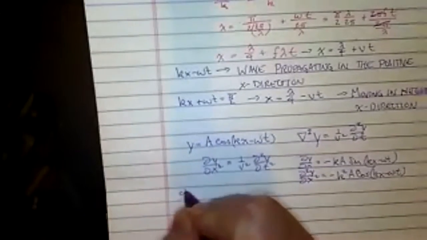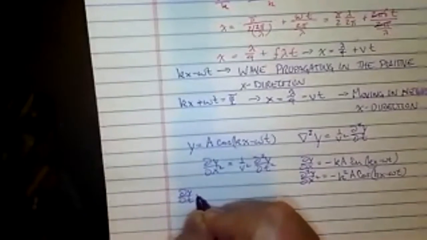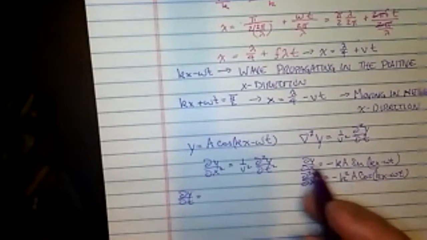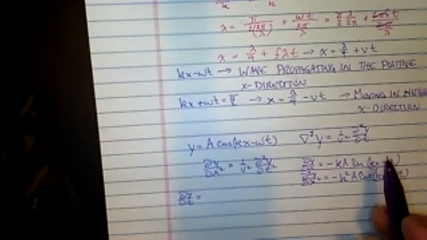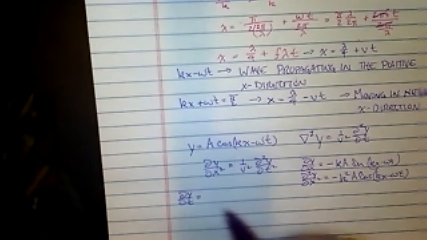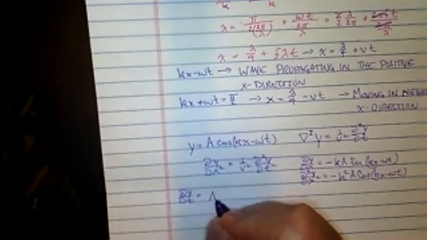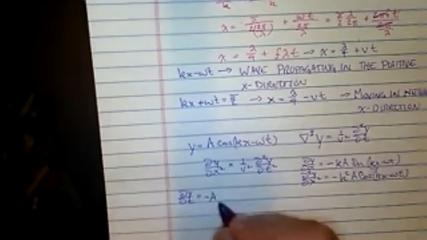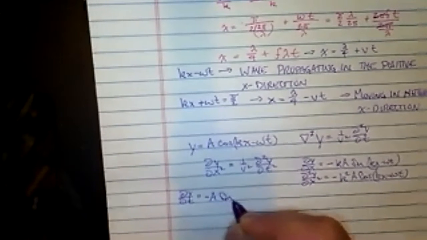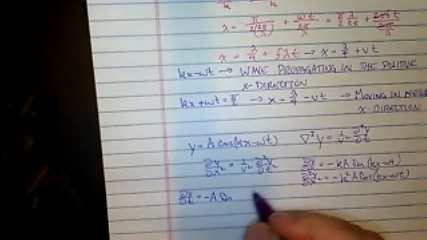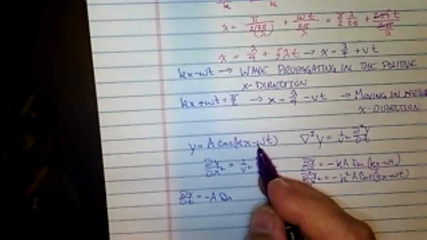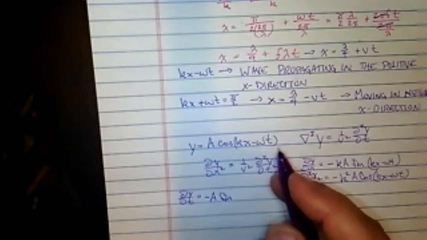So I take the partial of y with respect to t. Since y is cosine, it's just going to become a times the derivative of cosine, which would be negative sine of u. Now I've got to take the derivative of u with respect to t, which in this case is minus omega.